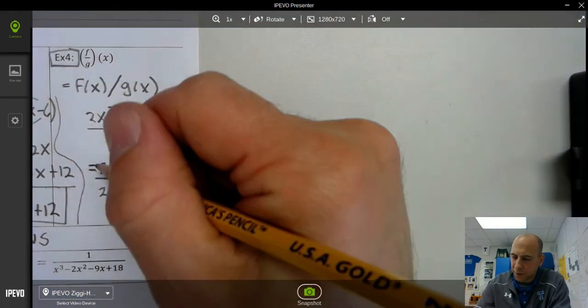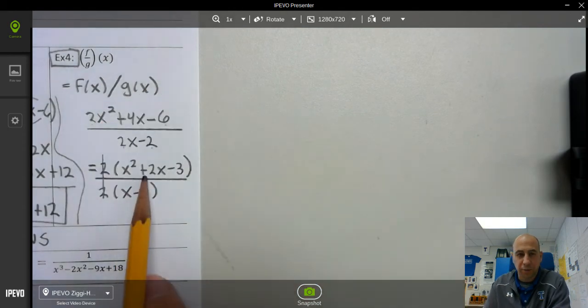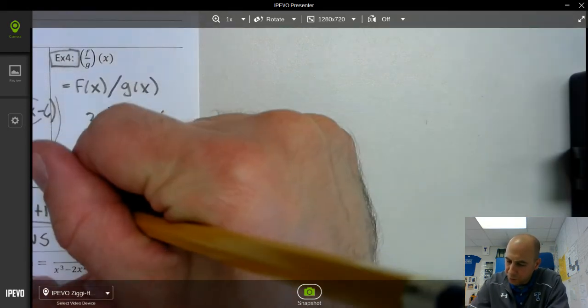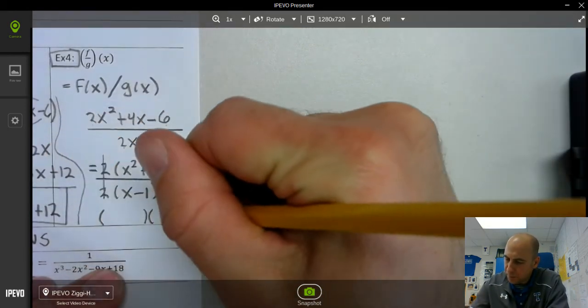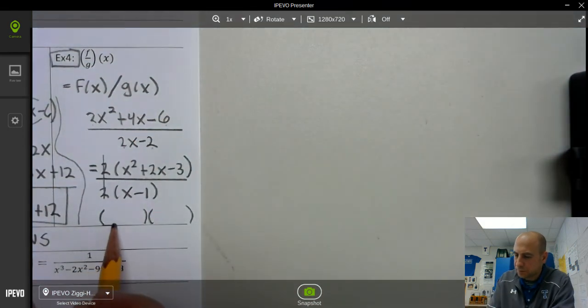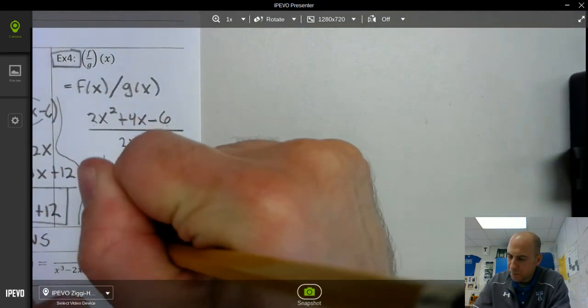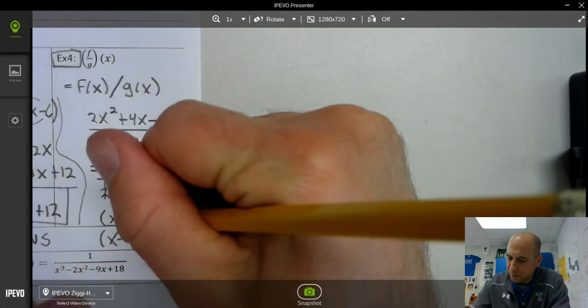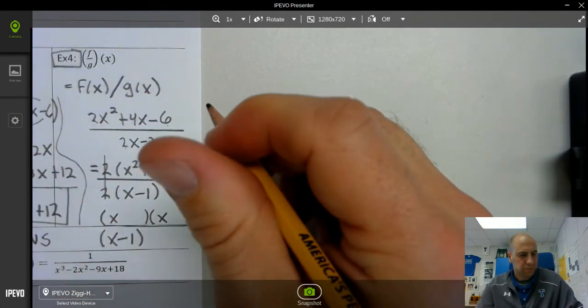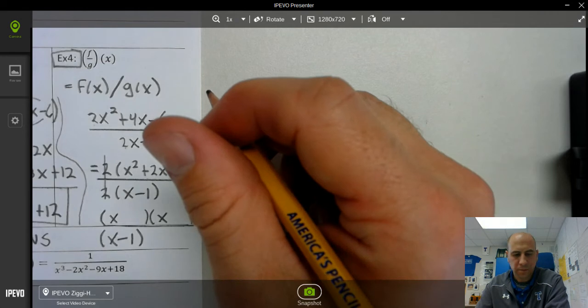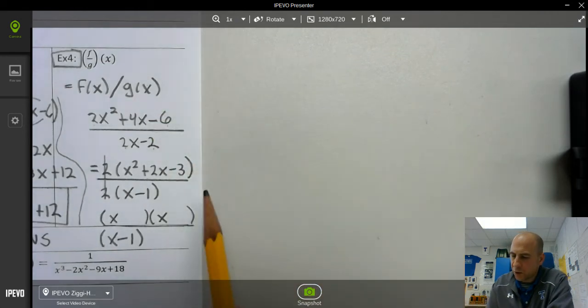You see that 2 divided by 2 is 1, so now we need to factor the numerator. So that's 2 parentheses. We know x and x make x squared. Now we're trying to find all the combinations that make negative 3 combined to be 2.